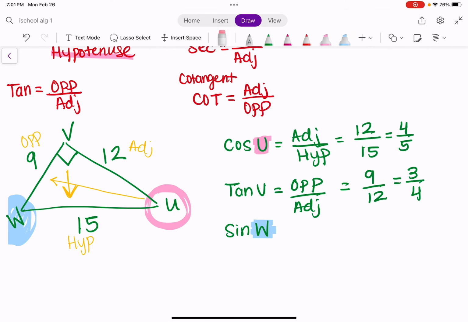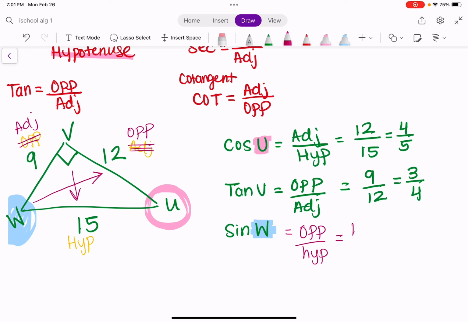The opposite is opposite of w. Okay, so this is still the hypotenuse. Opposite of w is now the 12, and then the 9 is the adjacent, okay? So the labeling changes based on the angle that you're looking at. So sine is opposite over hypotenuse. So my opposite is 12, my hypotenuse is 15, so I can simplify that to 4 over 5.